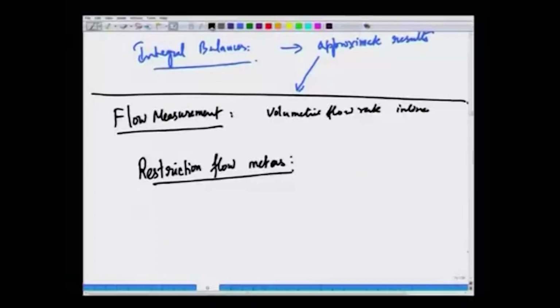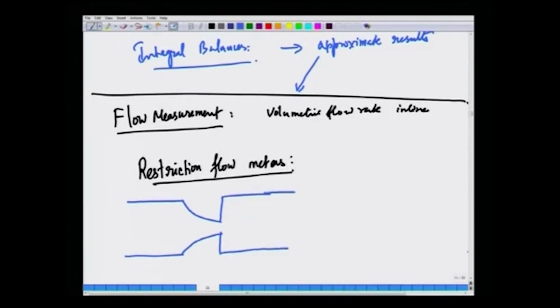So, a typical representative sketch, it is not a detailed geometry of a given flow meter, is that you may have a pipeline through which fluid is flowing, and you may have a contraction and a sudden expansion back to the original pipe diameter.